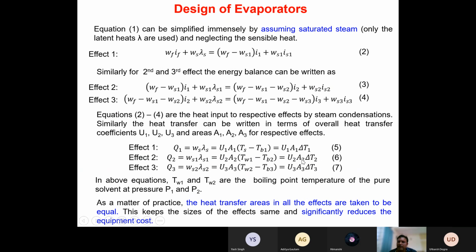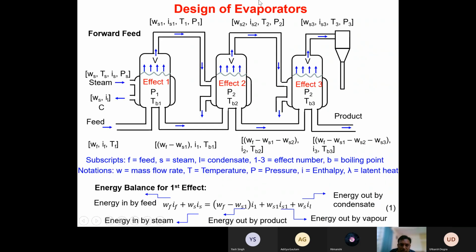And note that here delta T2 is what? Delta T2 is TW1 minus TB2. Whereas this TW1 and this TB1 both are same if the solution is dilute. That means there is no boiling point elevation. So this T1 and this TB1 are same if there is no boiling point elevation.